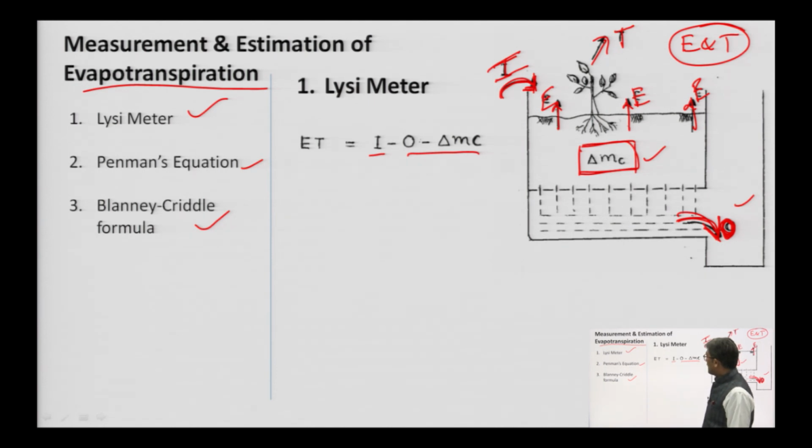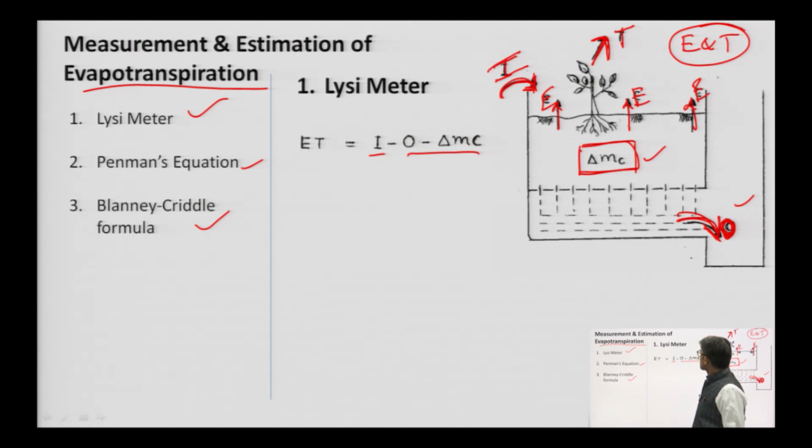Penman has given equations, and through those equations we can also calculate the evapotranspiration. Evapotranspiration depends upon soil factors, and it depends upon the plants and plant growth also, which has been discussed previously.